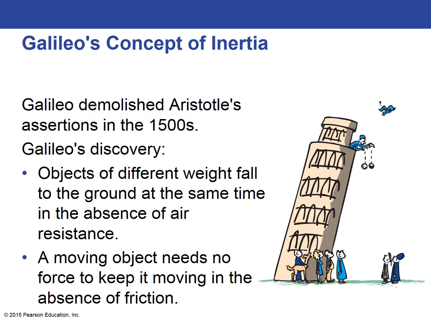Now, the reason this was perhaps viewed as strange at the time, this observation that they both arrive at the ground at the same time, is that one was much heavier than the other. And so people thought, well, the heavy ball should arrive quicker or have more force exerted on it than the lightweight ball.